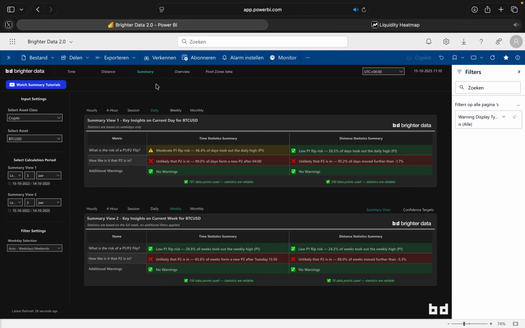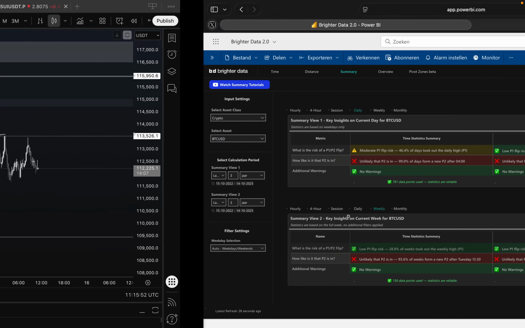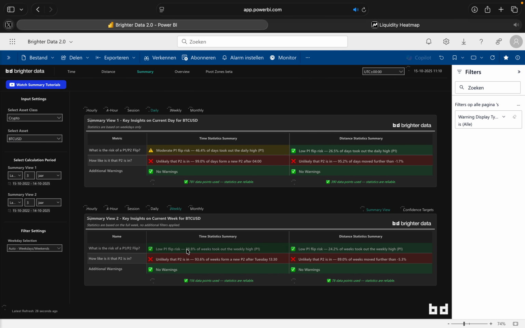If we look at the statistics from Bitcoin on the daily, we can see that it's also bearish, but on the weekly, more important, with our weekly high right here and our weekly low right here. You can see low P1 flip risk, 29% of the weeks took out the weekly high based on timing statistics, so it's all pretty low. And then on distance statistics, 24% will take out the high, which is also pretty low.